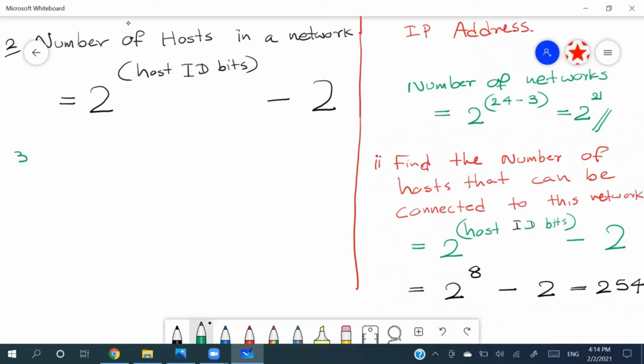is about the network address. Right, now how are we going to find the network address? There are two things that we need to do.